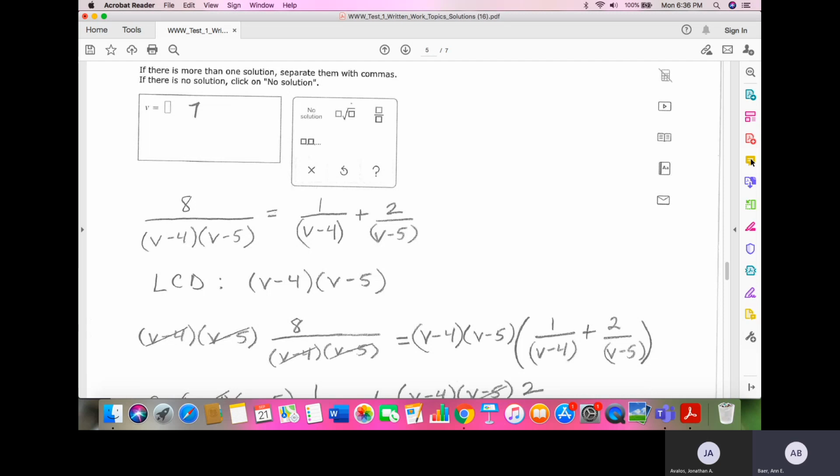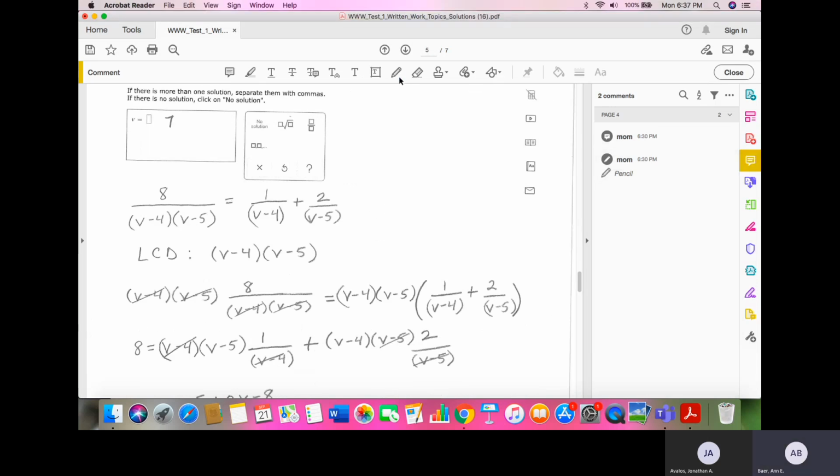First of all, you want to go to your first denominator, and for the least common denominator, just copy it down. Now, what does that give me? That gives me up here v minus 4, times v minus 5.